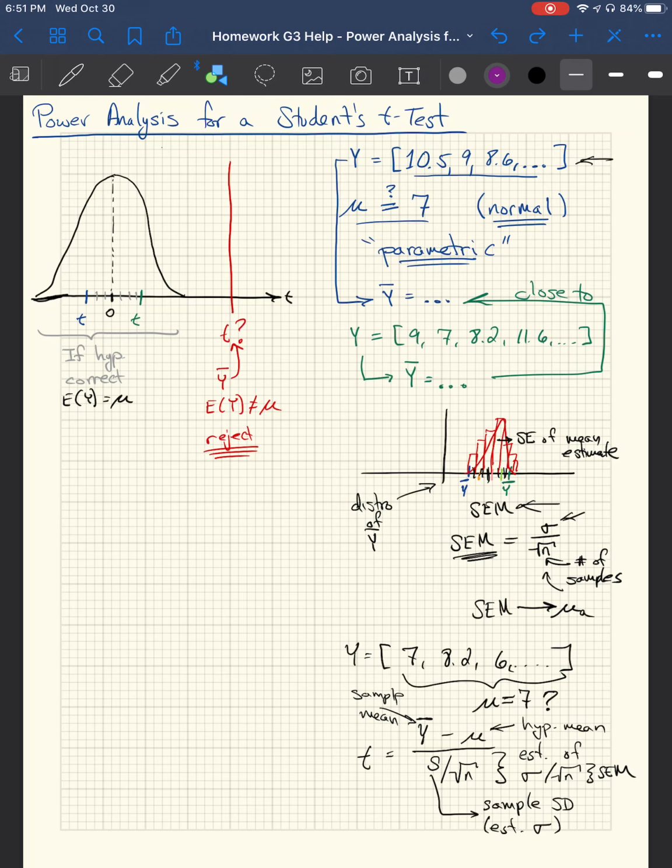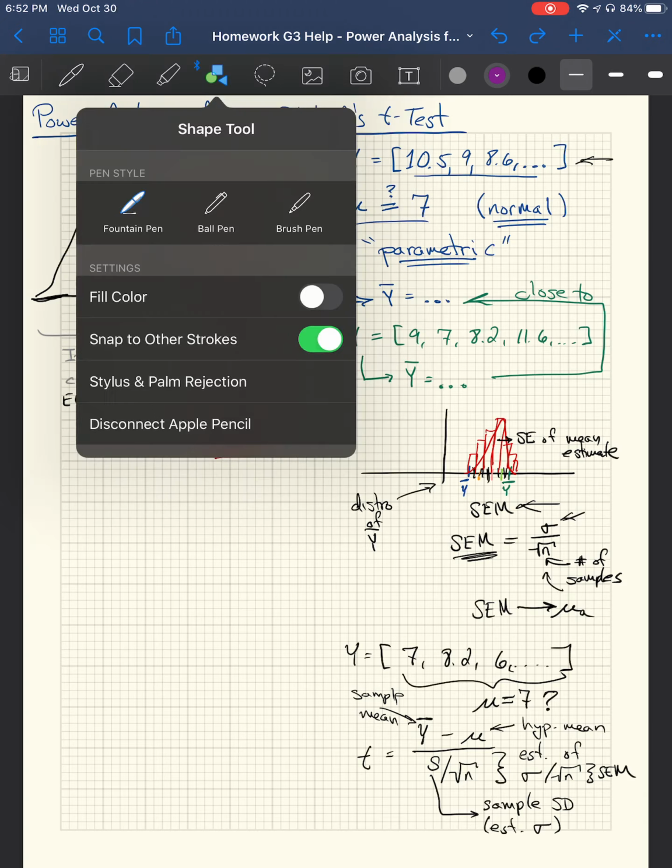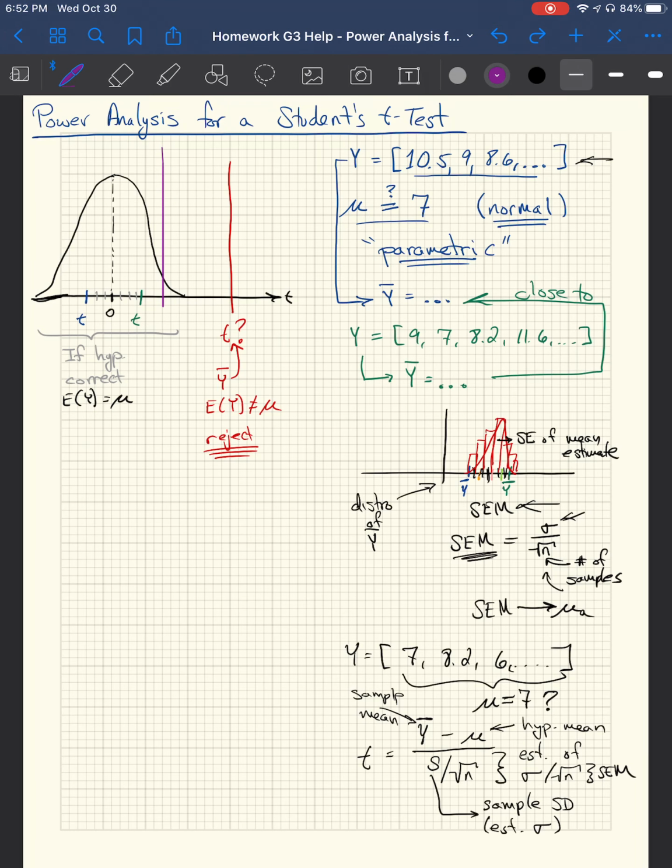So if I were to set a threshold, let's say here, then this threshold is saying that everything on this side of the threshold is a positive result, meaning that we have detected a positive detection of a difference from a hypothesis of a mean of 7 or a mean of whatever the mean is. And anything on this side is a negative result.